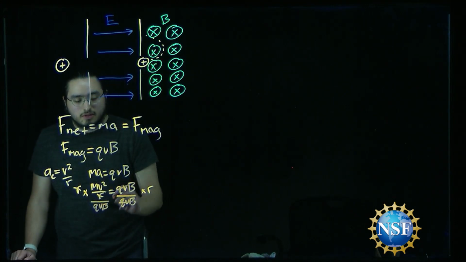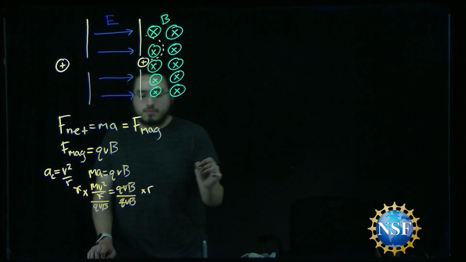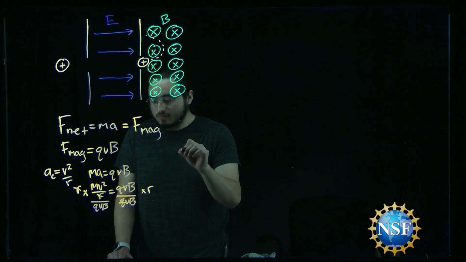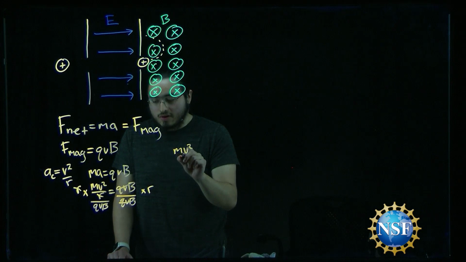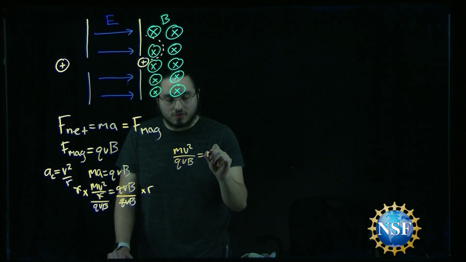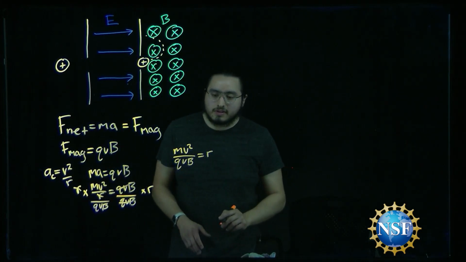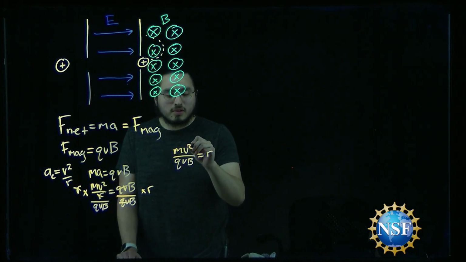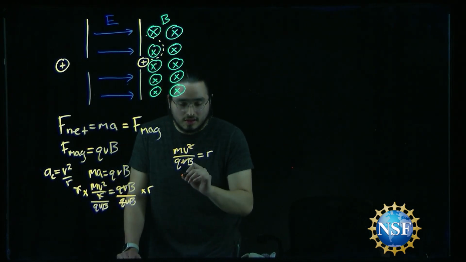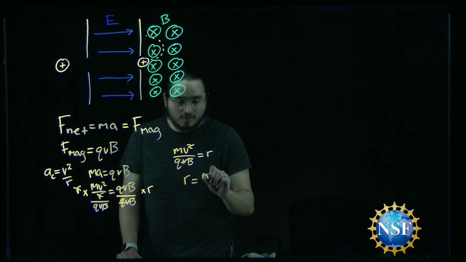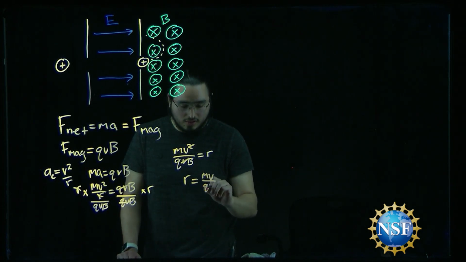Then we lose these. Now let me clean that up. I'll move to the side. Here we get mv squared over qvb equal to r. Now we can cancel some terms. There's a v on the bottom and two v's on top, so let's throw that away. Then I'm going to move r to the left side because we read left to right: r equals mv over qb.